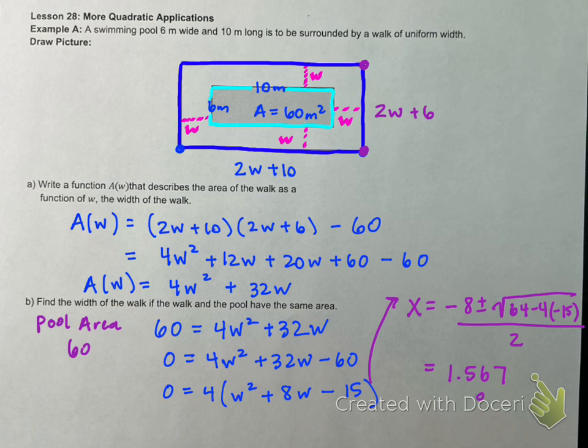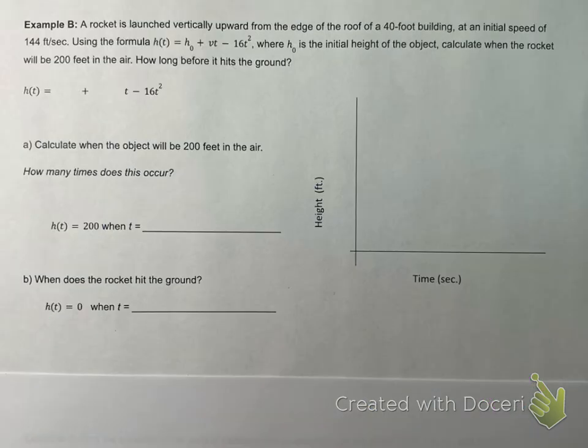And then I get negative 9.567. Remember, x, or in this case W, is representing the width. So if we're talking about width of walkways, we can't have negative widths. So we have 1.567 meters. Okie dokie. That is example A.